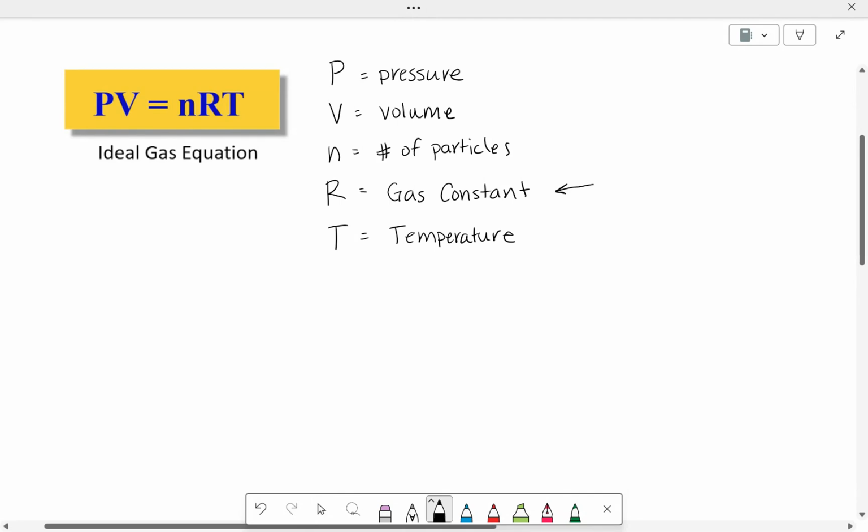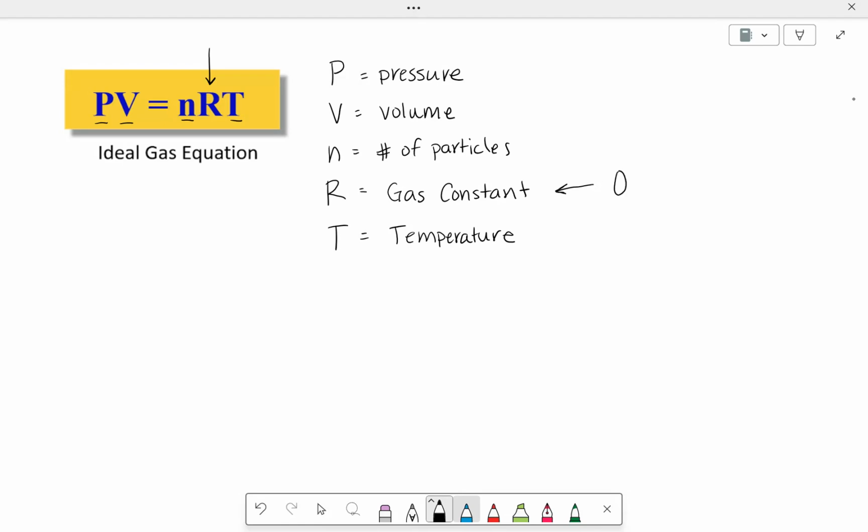You're going to learn a little bit about that on the next slide in your PowerPoint, but very briefly, scientists were discovering and exploring gas laws and how gases interact with each other. They discovered that there was a number that tied in the proportion between pressure and volume and number of particles and temperature. They kept getting the same number.